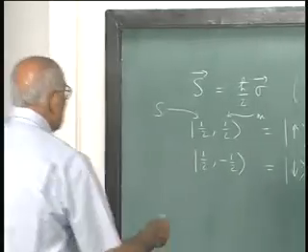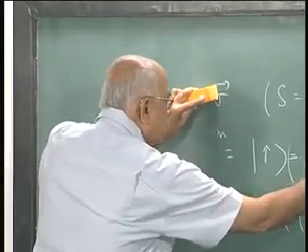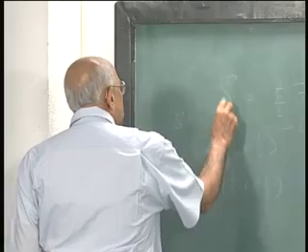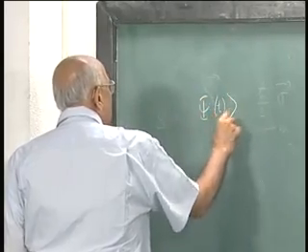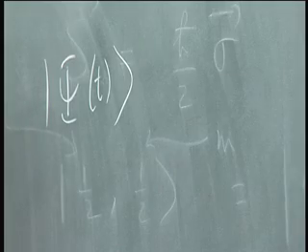Well, the first thing to note is that since these two states, the up and the down, actually form a basis in this space, it is clear that any spin state of the system, and let me just denote it by psi of t, can actually be written uniquely as a superposition of these two basis states.